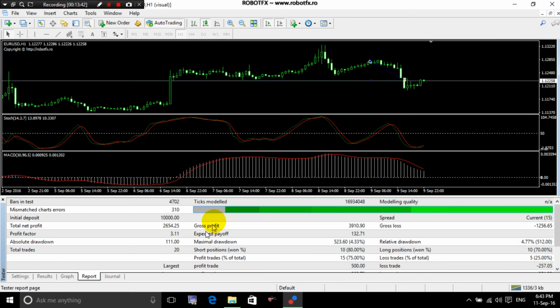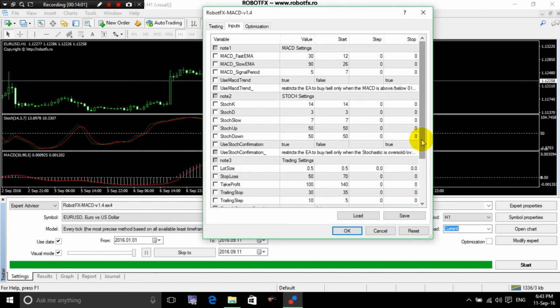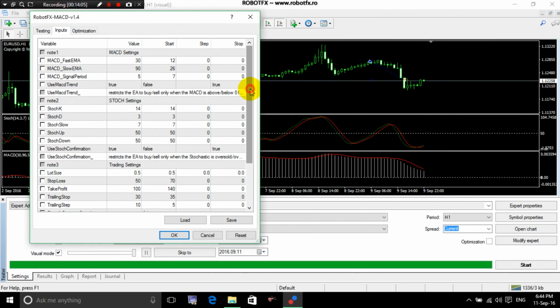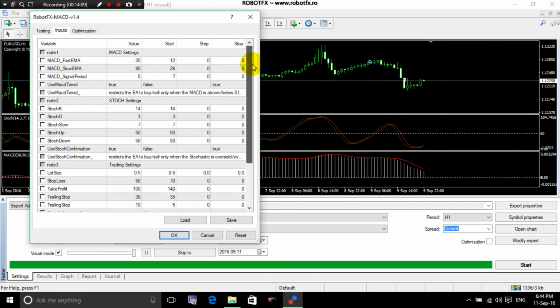That's more than 25% earning in how much time for this testing? Well, from the beginning of the year, less than 9 months. Again, these are the default settings, but you should change and find your own.